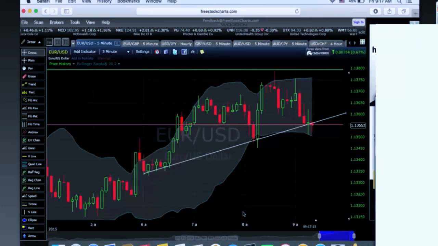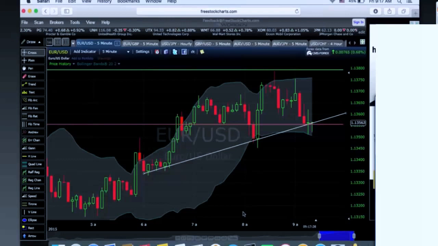So that was the first signal, Euro USD. Looks like it's holding the 560 again.